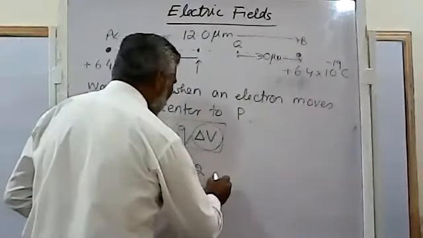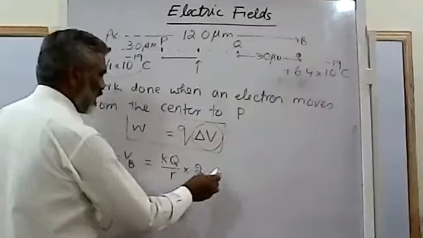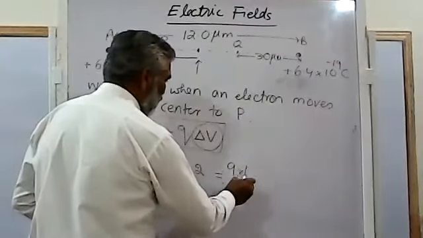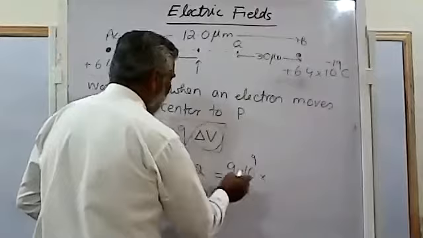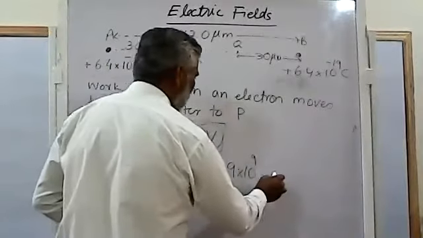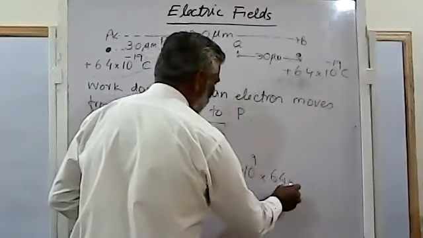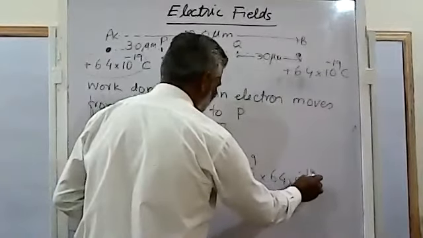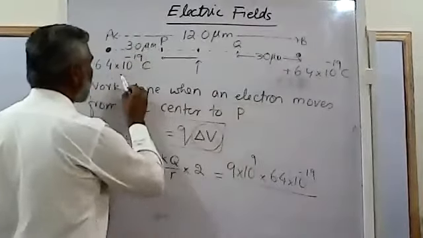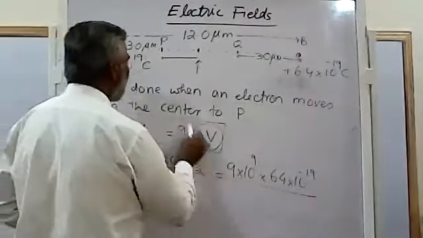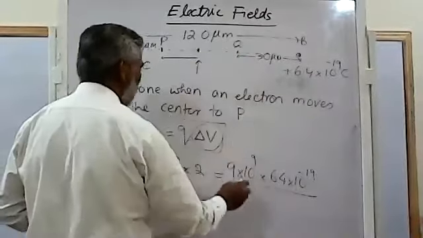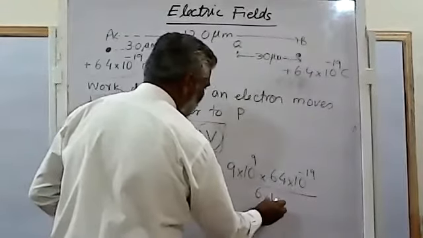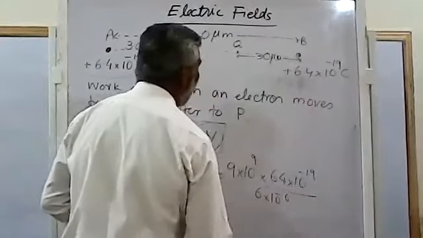So when you use all these values, K is 9 into 10 raised to power 9, Q, which is the same in the two cases, 6.4 into 10 raised to power minus 19, and R is also the same. This is exactly 6 because 12 is the total. So 6 into 10 raised to power minus 6 meters.